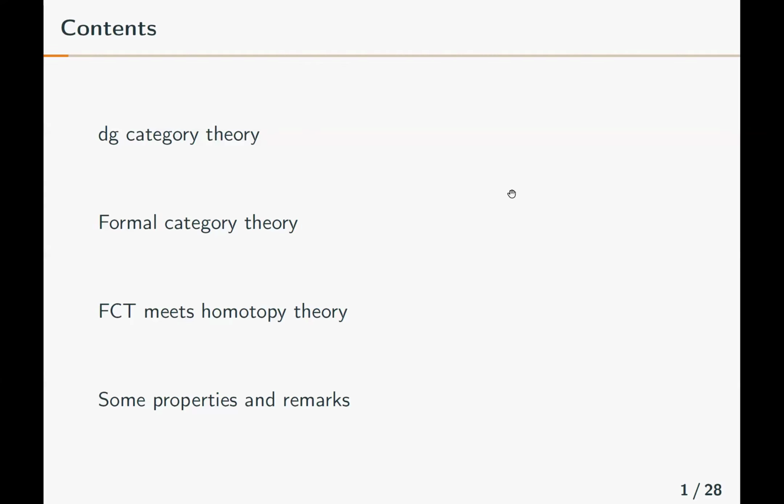Then, in the third part, I will explain an approach to the homotopy theory of DG categories using formal category theory. More precisely, I will construct a pseudo-equivalence in the sense of Richard Wood, which captures the homotopy theory. Finally, I will discuss some properties and make a few remarks.